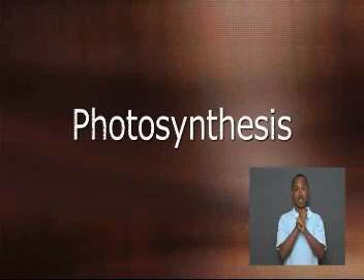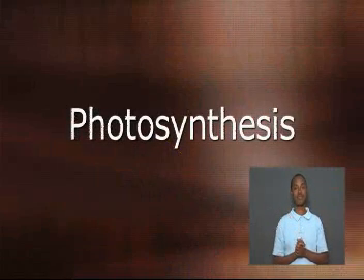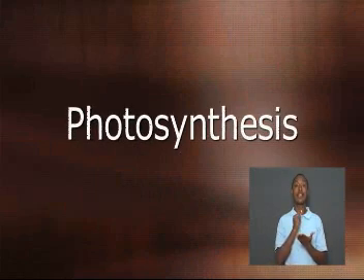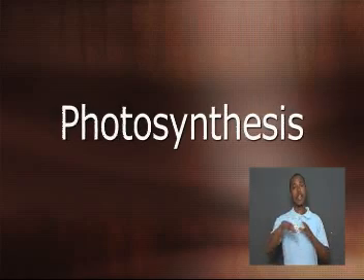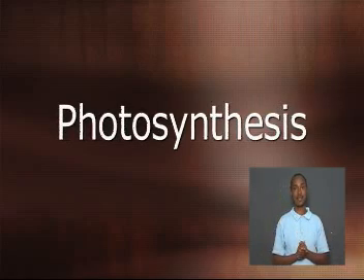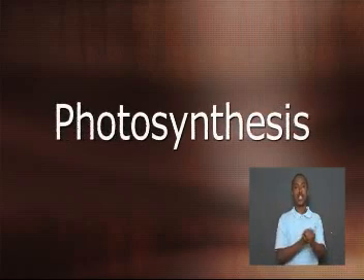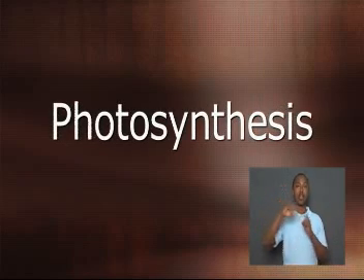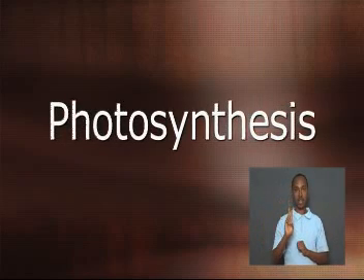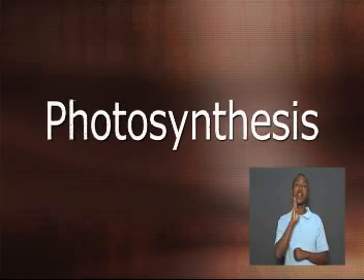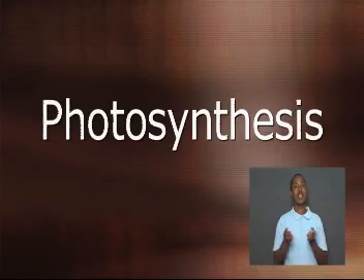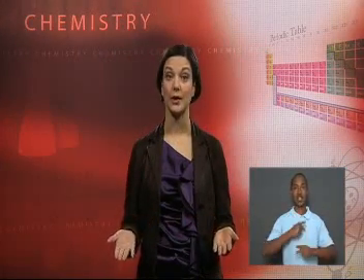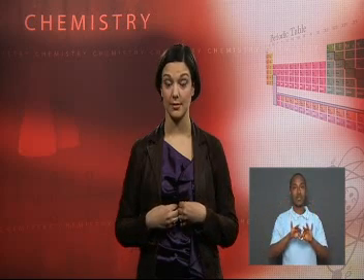Photosynthesis is one. It is the chemical reaction that takes place in plants. Plants use energy from the sun to change carbon dioxide and water into food that plants need to survive. This process is also important to us.